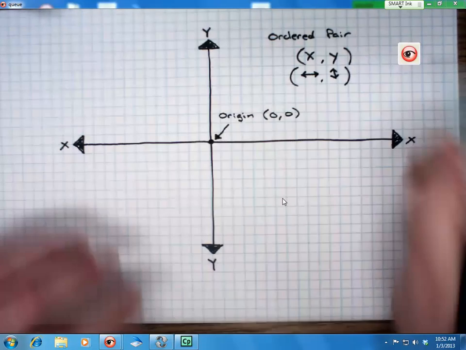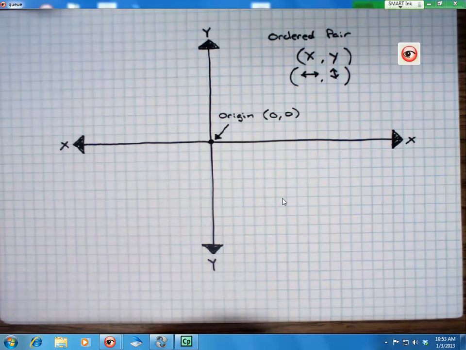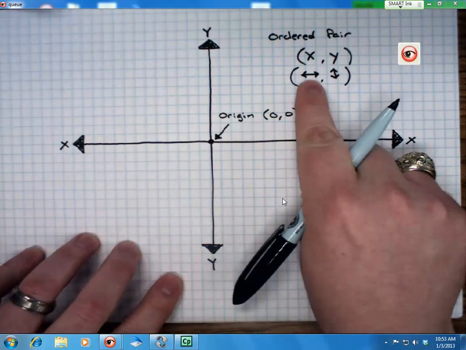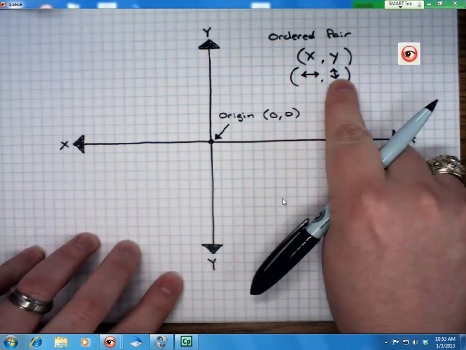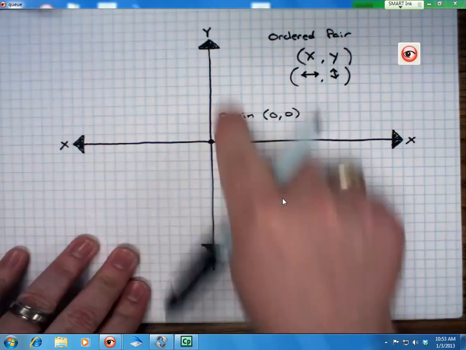Some of you might know you have to crawl before you walk, or walk before you fly, or all kinds of things that you guys learned, but the most important thing that you need to remember is that we have to go left and right first, then we go up and down. So whatever our first number says, we have to go left and right first, then we go up and down.